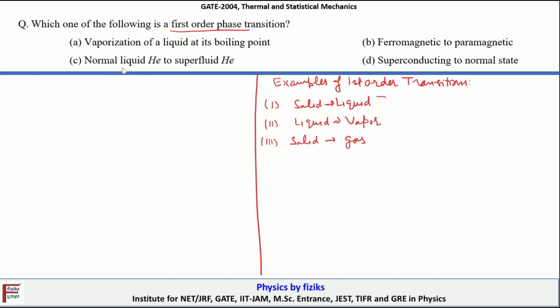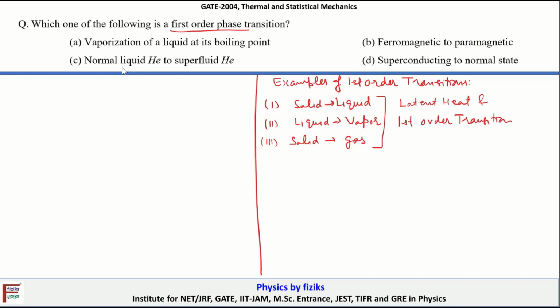So all these transitions in the ice water system involve latent heat, and they are first order transitions.